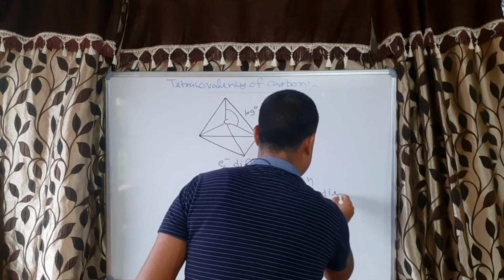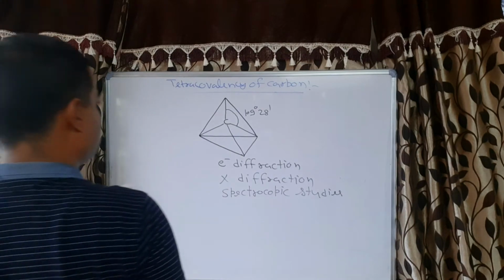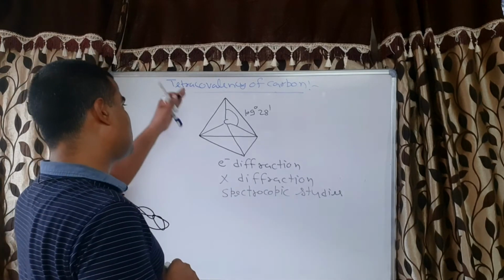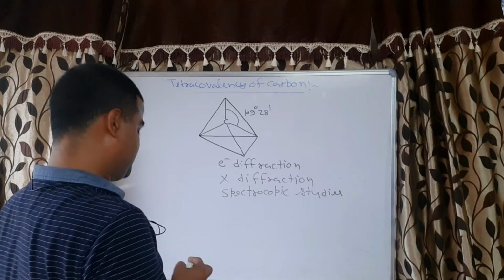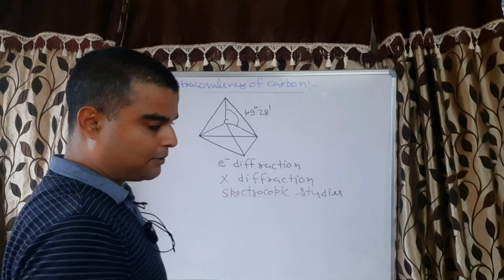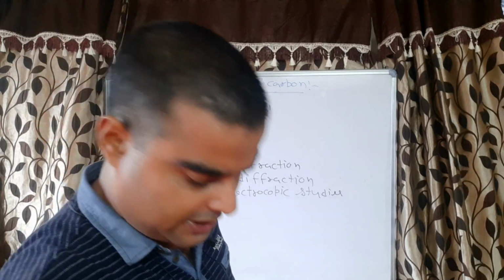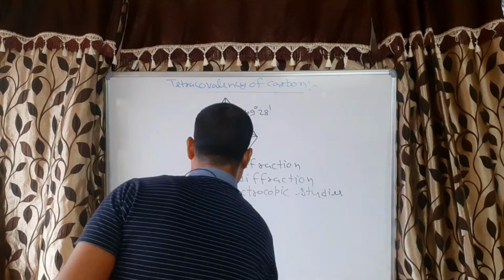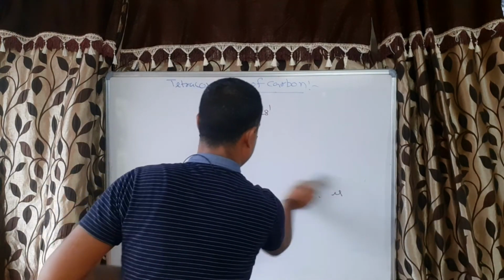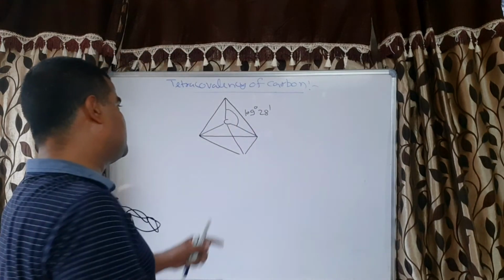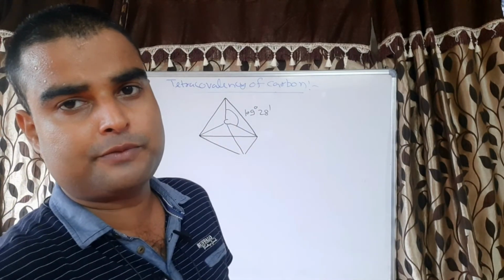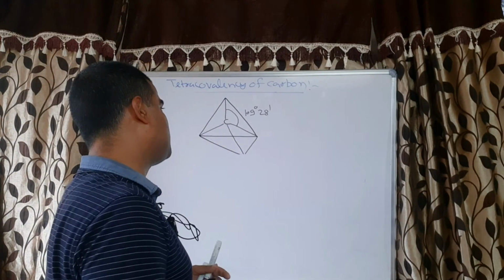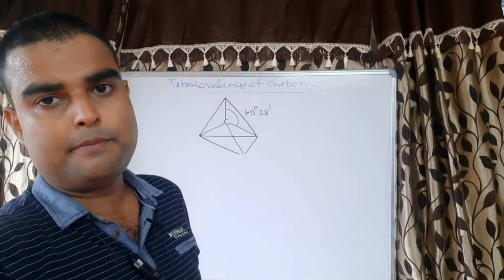When these studies were conducted, no doubt was found in this tetrahedral concept of carbon. After these studies, this concept was very well established. Because of this concept only, stereochemistry, which is a branch of chemistry, became possible. This became the foundation of stereochemistry.